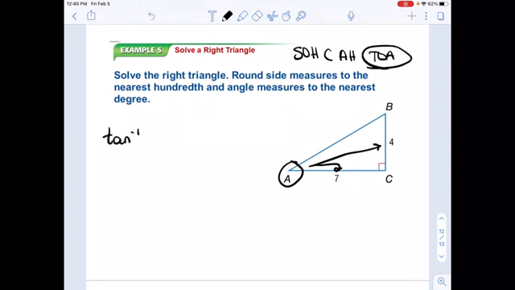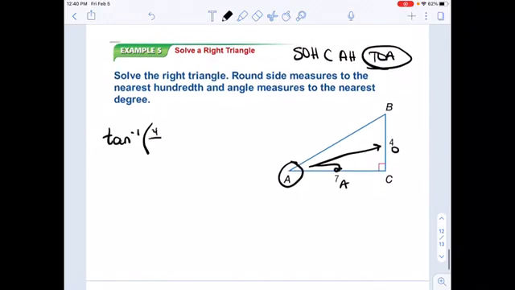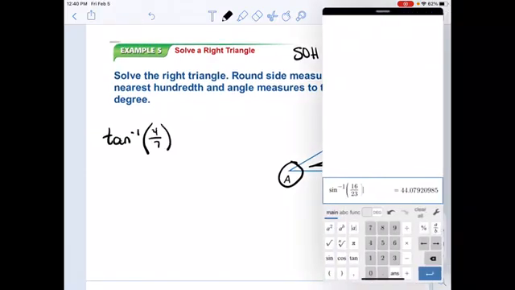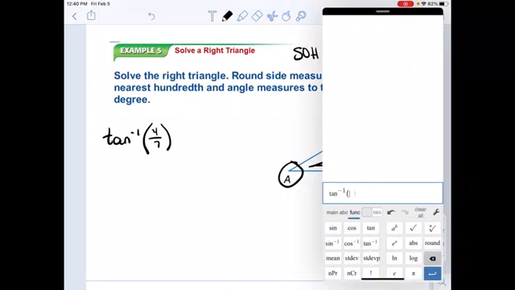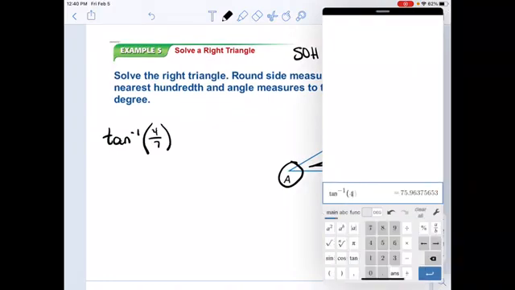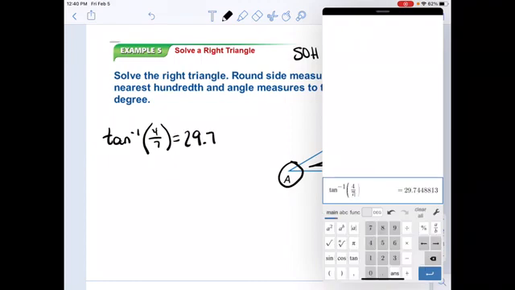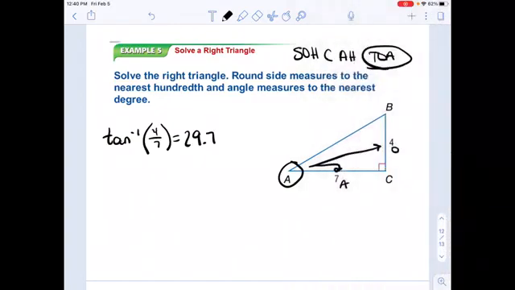So we have the inverse tangent of opposite over adjacent. We need to find this guy. Is equal to 29.7.